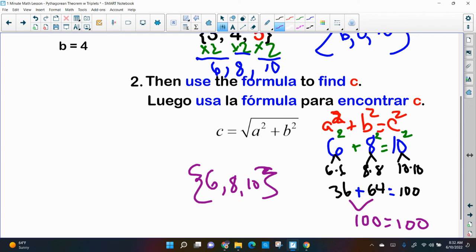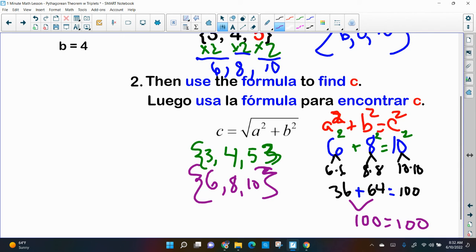So that triplet, where did I get it from? You remember 3, 4, and 5. So that's just, here's a big time word, dilation of 2. When you get to 8th grade, or when you get to dilations, you know what that means. But I'll just say I multiplied this whole thing by 2.